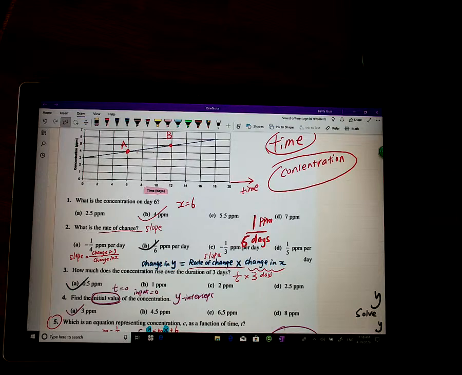From number 2 we know every 6 days, because the rate of change is a constant, the concentration increases by 1 ppm. Then in 3 days, which is half of 6 days, the concentration would rise by half ppm. So that is A, right?